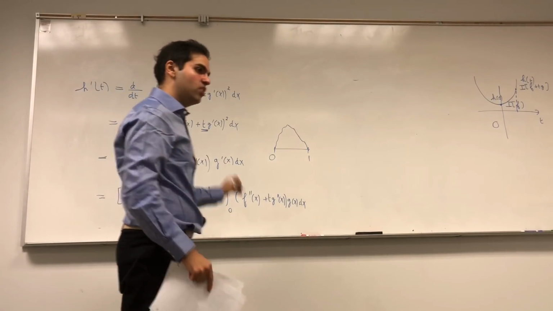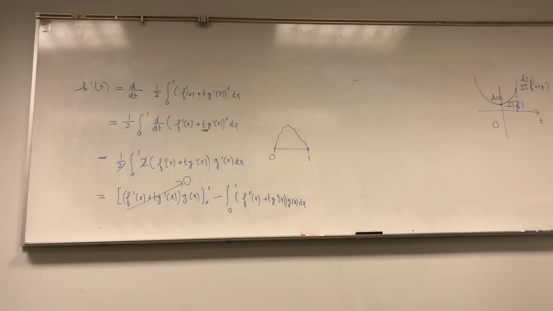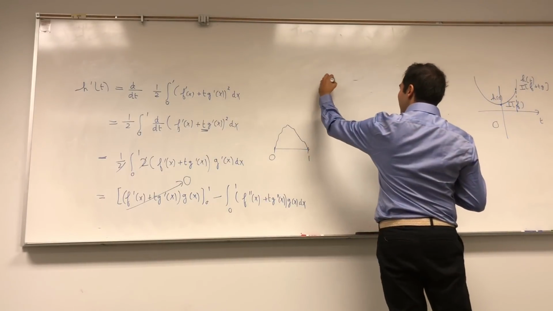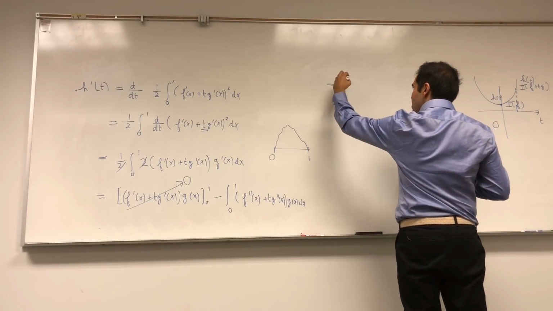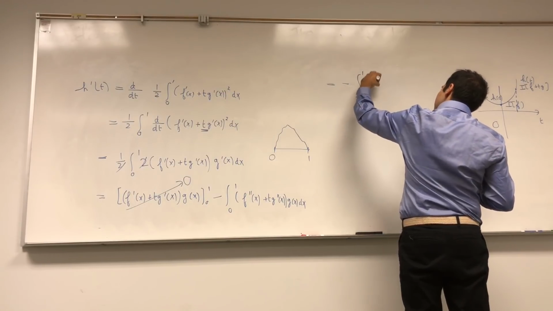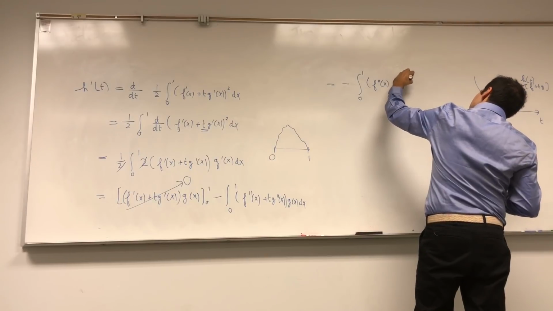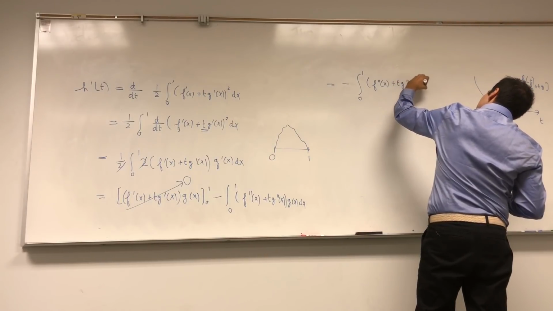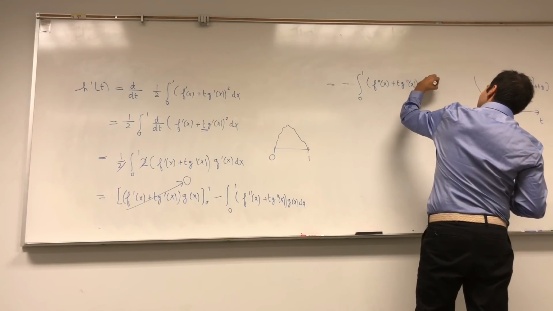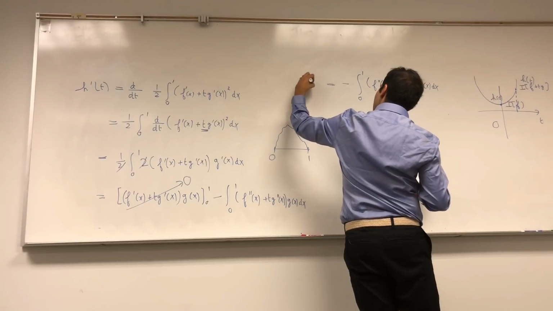So in fact, we chose the function g such that there are no endpoint terms, it's 0 at the endpoints. So in the end, the derivative h prime of t becomes minus integral from 0 to 1 of (f double prime of x plus t g double prime of x) times g of x dx. That's h prime of t.